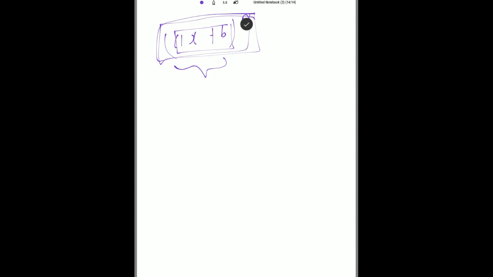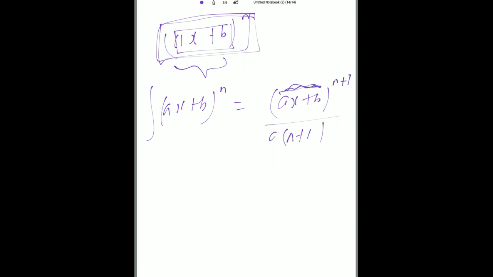What does that mean? That is telling me that the integral of ax plus b raised to the n would be ax plus b to the n plus 1 all over n plus 1, and we're going to be dividing by the differential of what is in the bracket right here, which would be a, and that would be the differential.